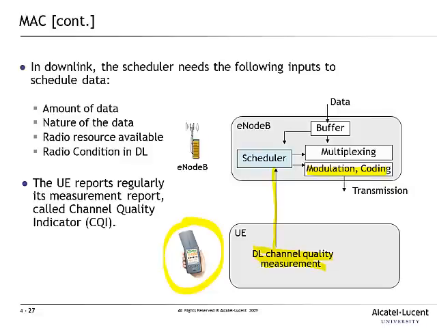The other thing that you need to consider is what sort of radio resource is available, and what is the condition. So you have to take into account all these four factors when the scheduler decides how it's going to assign the PRBs to various users. And after it decides which PRB is being allocated to which user, it also has to decide what modulation and coding scheme should be used.